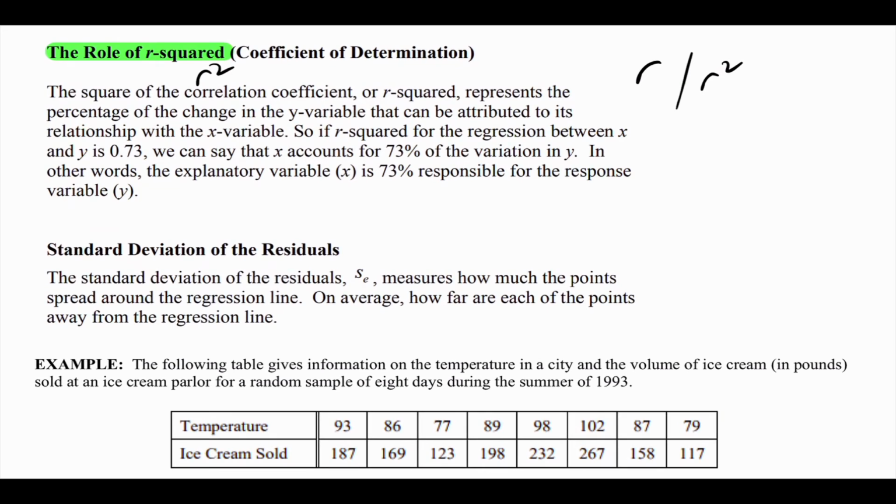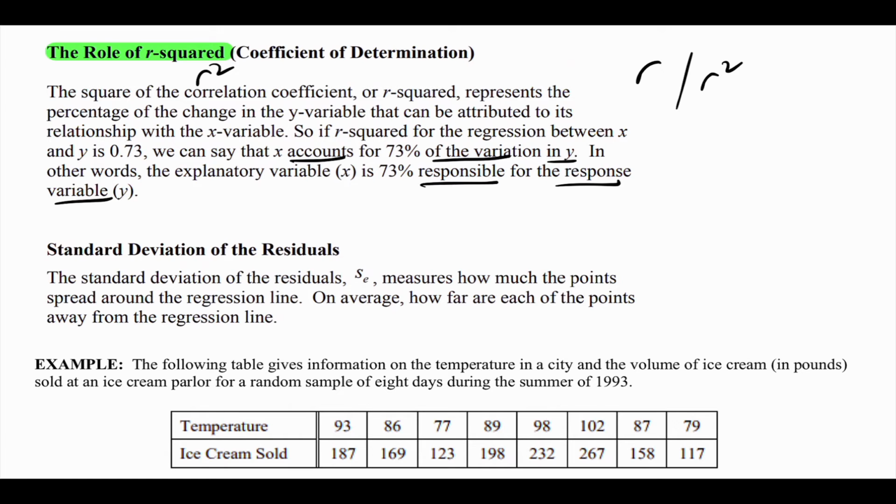So, in other words, it's accounting for the variation. One is accounting for the variation of the other. Why is the response the way it is? It'll tell you what percent of the response is what it is based on the explanatory.